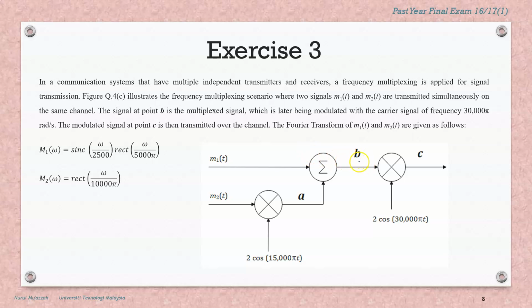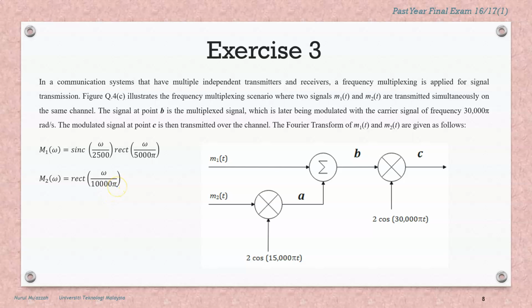At point B here is the multiplexed signal, and then this multiplexed signal is modulated with the carrier signal cosine 30,000 pi t, and gives you the modulated signal at point C, before it is transmitted over the channel. The Fourier transform of M1t is given as M1 omega, which is the sinc function multiplied by a rectangle function, and M2t is a rectangle function.